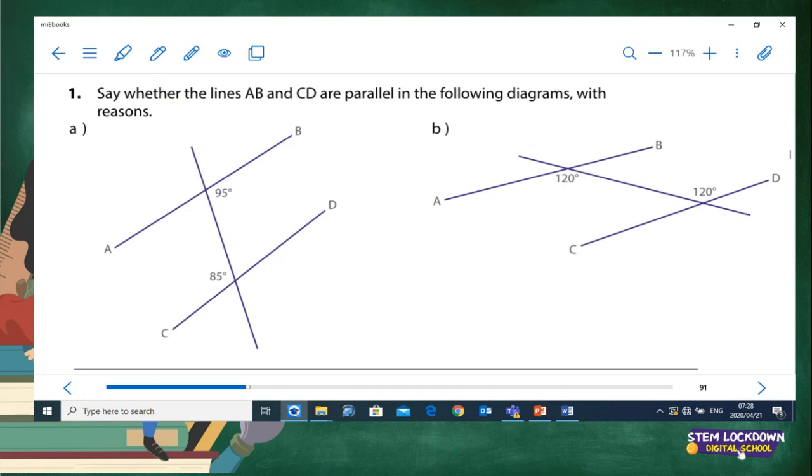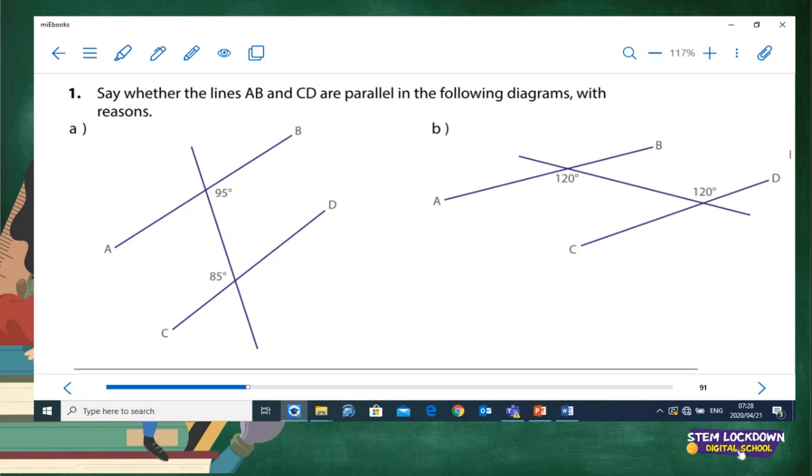In this case, we conclude that AB is parallel to CD. The reason being, they are alternate angles, and as you know, alternate angles are always equal.